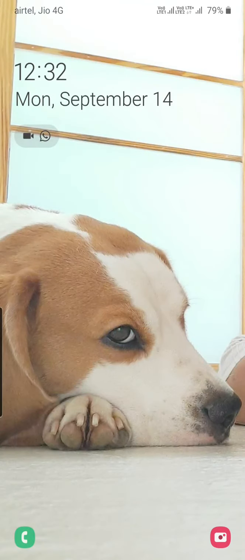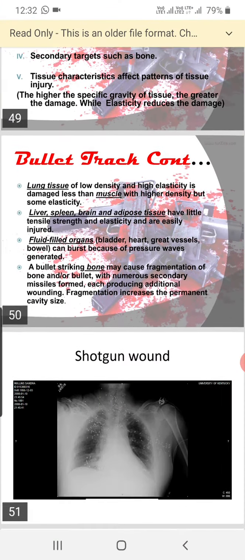Whereas in the case of an exit wound, it is of a bit bigger size as compared to the entrance wound, and there will be no skin changes in the form of tattooing or splitting or soiling, and the margins will be everted. Fine. So this is the basic difference between the entrance and exit wound.